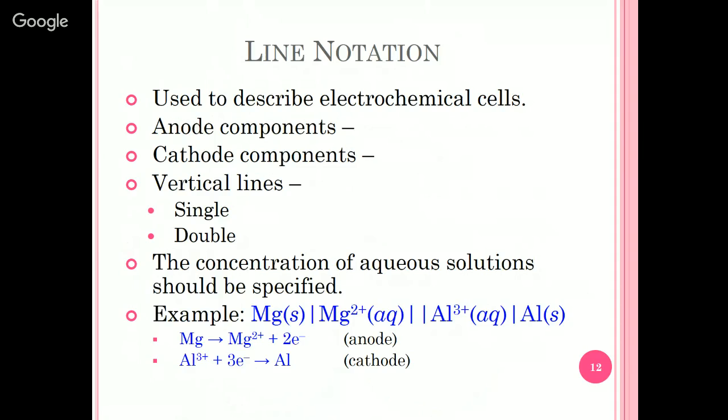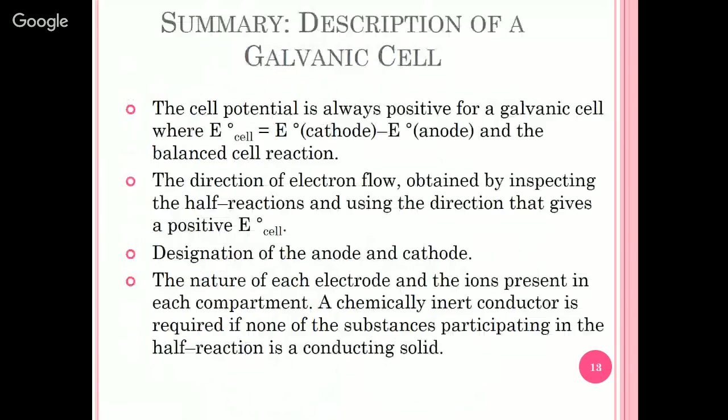Now, if we have something that is a non-metal, we have to make sure that we include an inert electrode like platinum for that half reaction. So in summary, our cell potential is always positive for a galvanic cell, where we're looking at the potential of the cathode, and then this is our negative sign that we have for our anode.